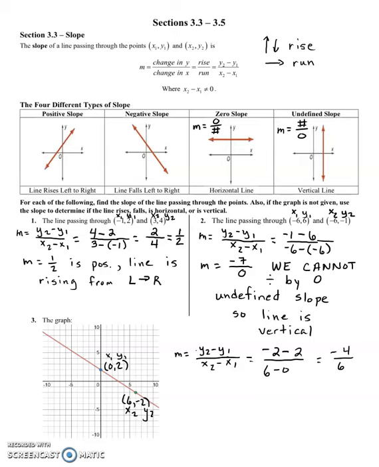Divide by 6. And if we simplify that, we get -2/3. So it's a negative slope. So the line is falling as we go from left to right.